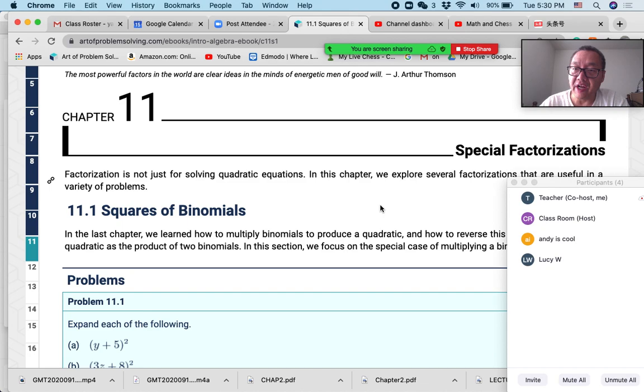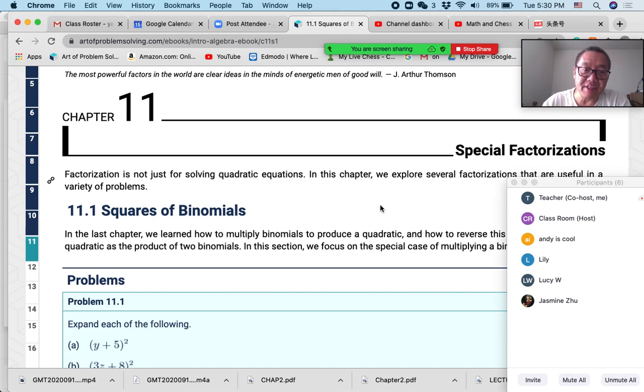In the previous chapter, we used factorizations to solve the quadratic equations. Actually, factorizations has more wide applications. Not only can you use it to solve the quadratic equations, you can use it to solve a lot of other problems.